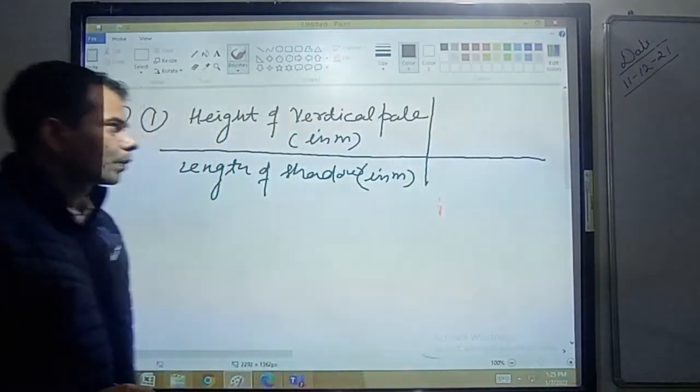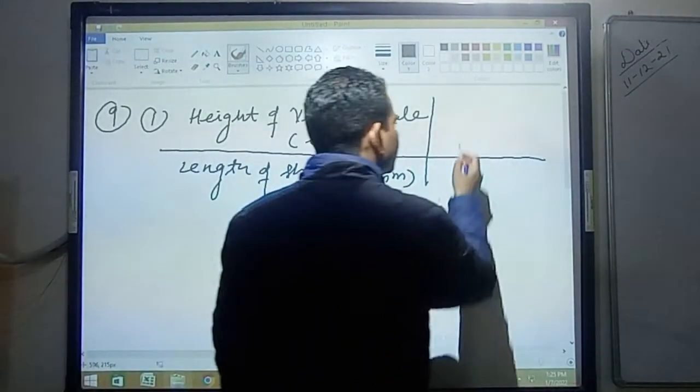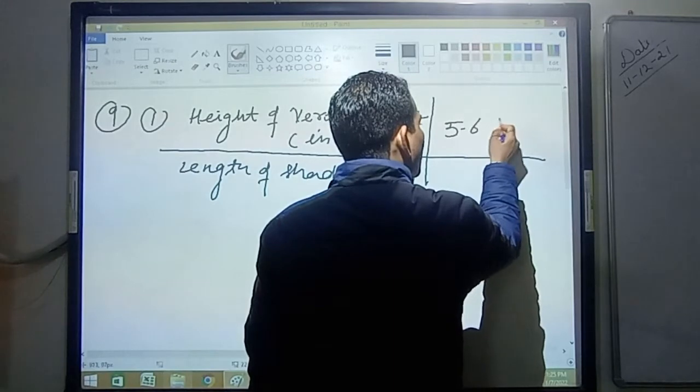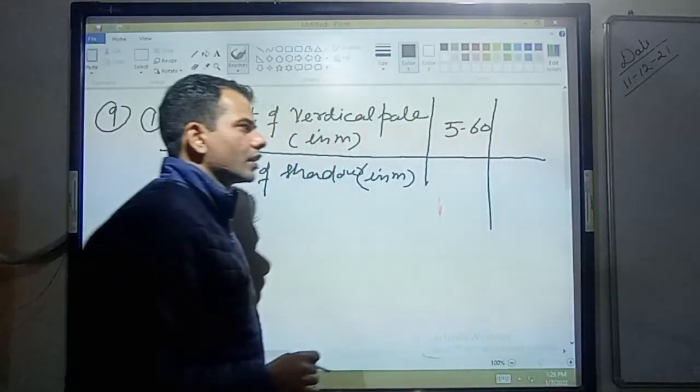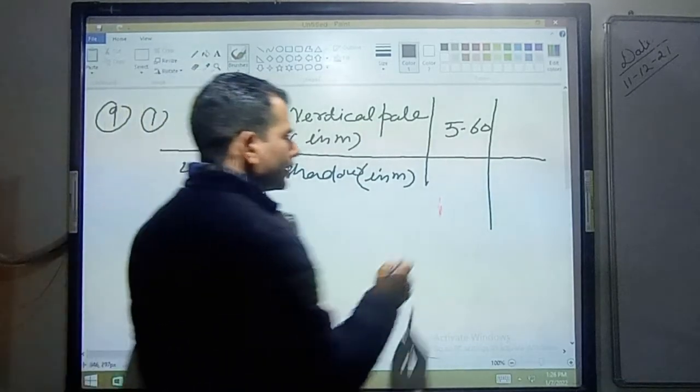Okay. If the height of vertical pole is 5 meter 60 centimeter, 5.60, and the length of shadow is 3 meter 20 centimeter.